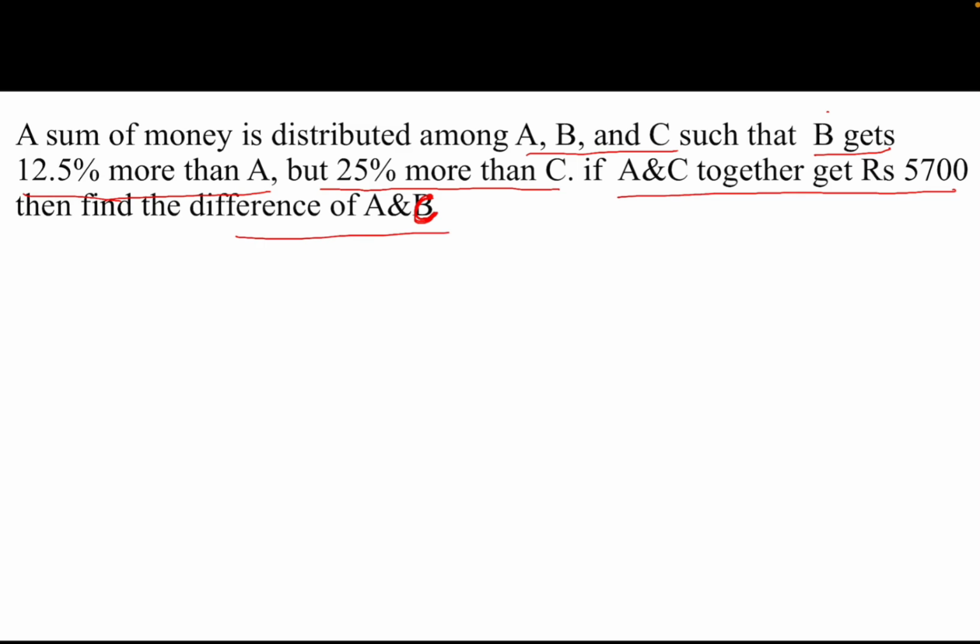First we will find the ratio between A, B and C. So how to do that? First, what is the given thing? B gets 12.5% more than A, isn't it? 12.5%, as we have discussed in percentage, can be written as 1 by 8 in fraction form.